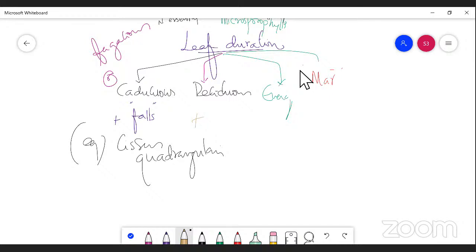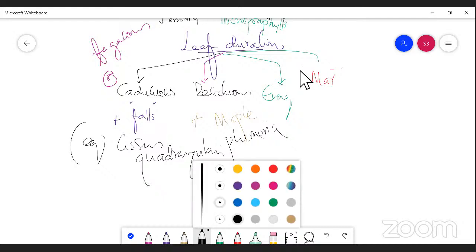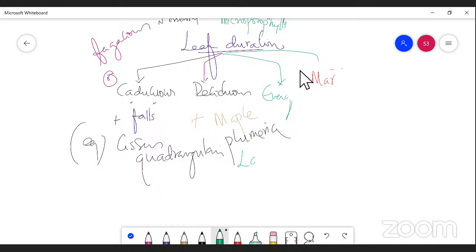For that I can say maple tree, Plumeria, and Launaea. One more category, Launaea. These are the examples of deciduous, the falling of leaves after maturity, right?